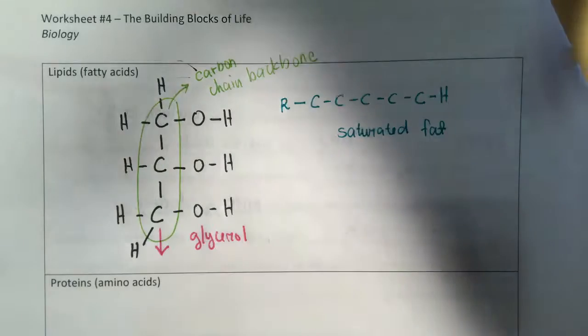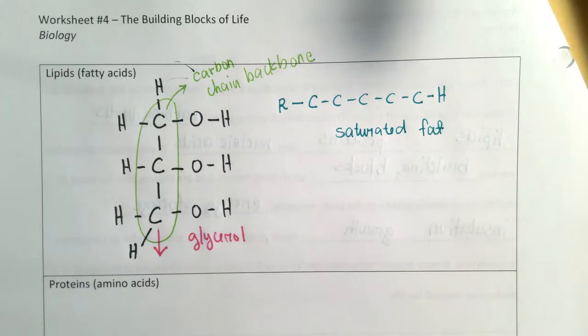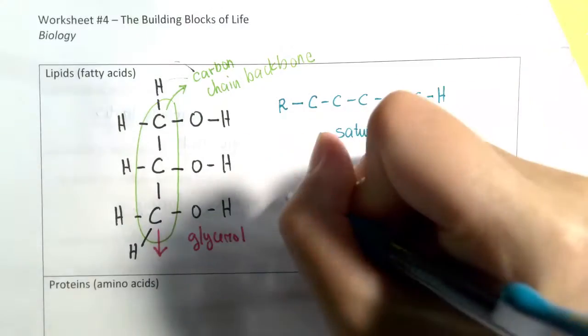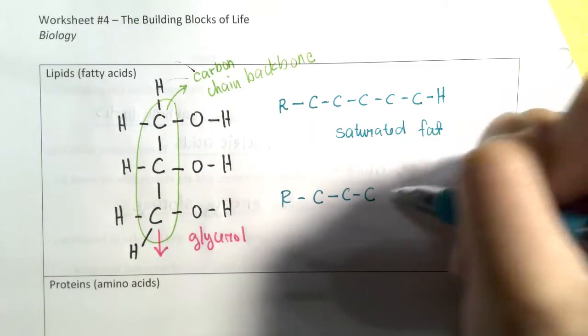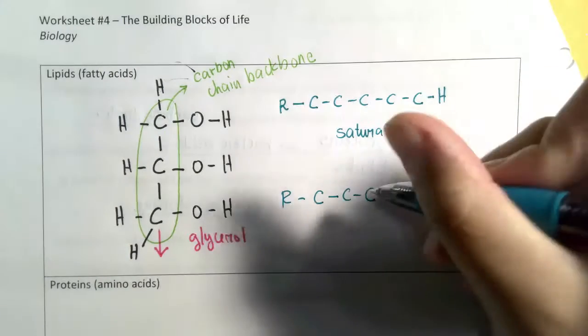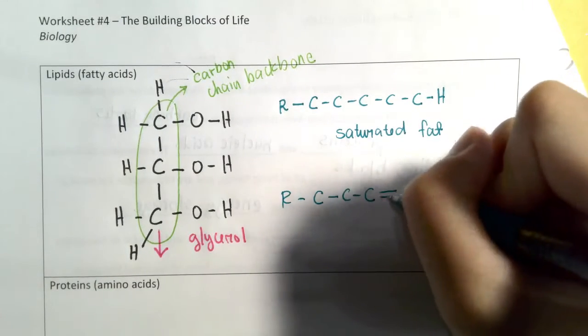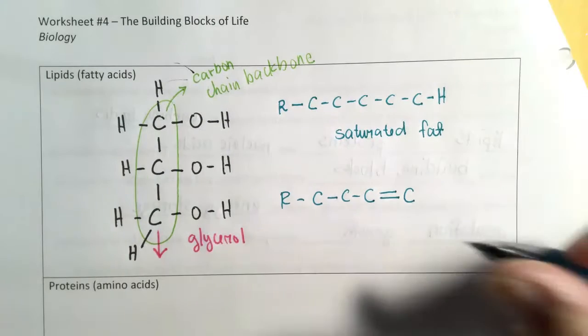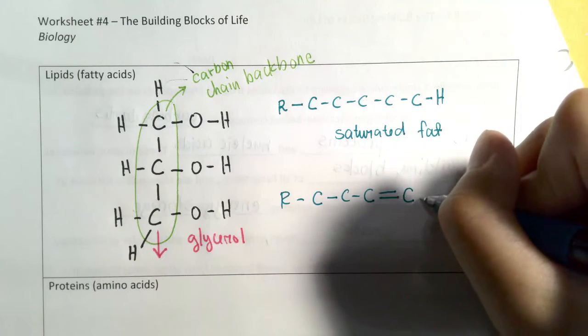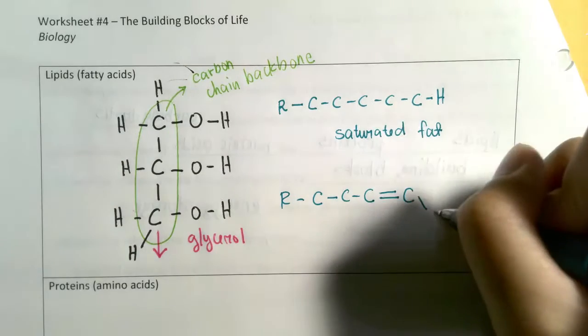Okay, next we have the unsaturated fat, or also known as trans fat. It will look the same, so it will be combining carbon, carbon, carbon. However, at some point, carbon will double bond to another carbon. And then it creates a sort of a kink to the structure.